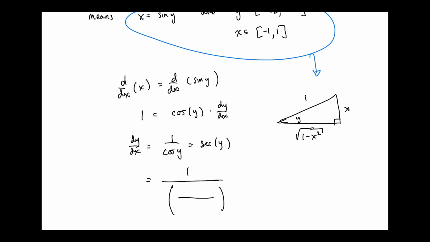So what's the adjacent side? The square root. And what's the hypotenuse? And I'm doing 1 over that, right, because I had 1 over cosine. All right, so I've got 1 over a fraction. What does that mean I need to do? Yeah, flip it, right? Yielding that.